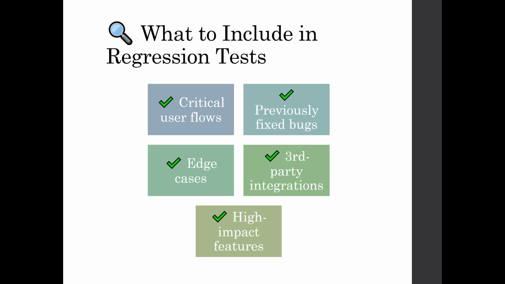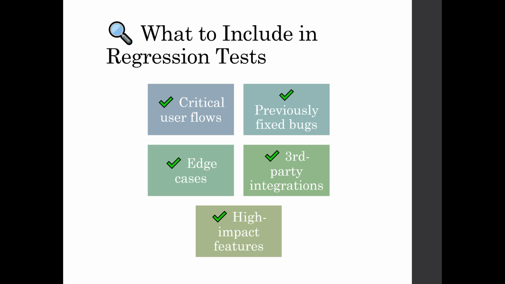In our regression suite, we want our critical user flows. Just like in the previous tests that we've talked about, these are the areas that every user touches and so are crucial to make sure are working correctly. Logins, signups, checkouts, anything like that. Previously fixed bugs. So these are known failure points that maybe you've introduced again.